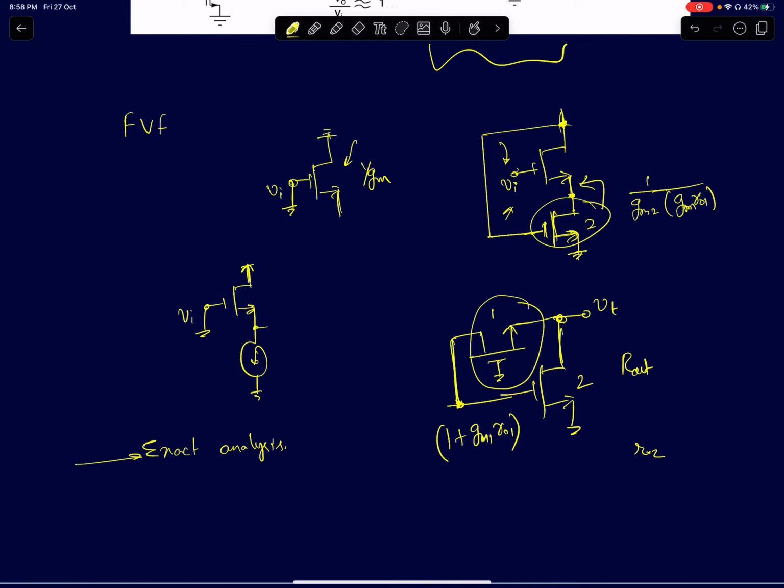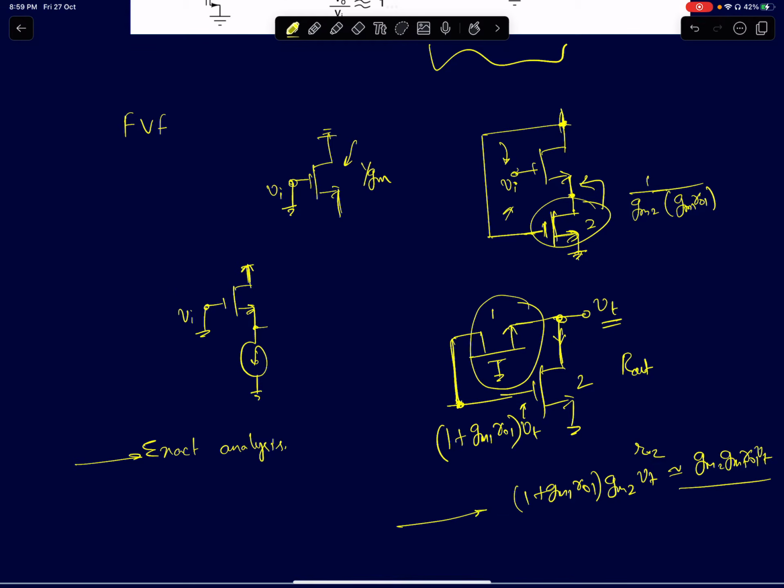So if you apply a test voltage at the drain, that appears as a huge amplified version at the gate of device M2. So now the drain current of this device M2 is simply 1 plus GM1 RO1 times GM2 times Vt. I can approximate this to GM2 times GM1 RO1 times Vt.